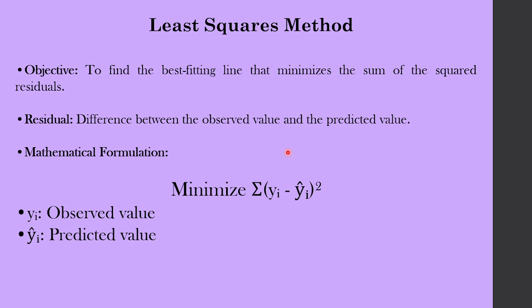So the model minimizes the sum of residual squares: yi, the observed value, minus y cap i, the value predicted by the curve, squared.